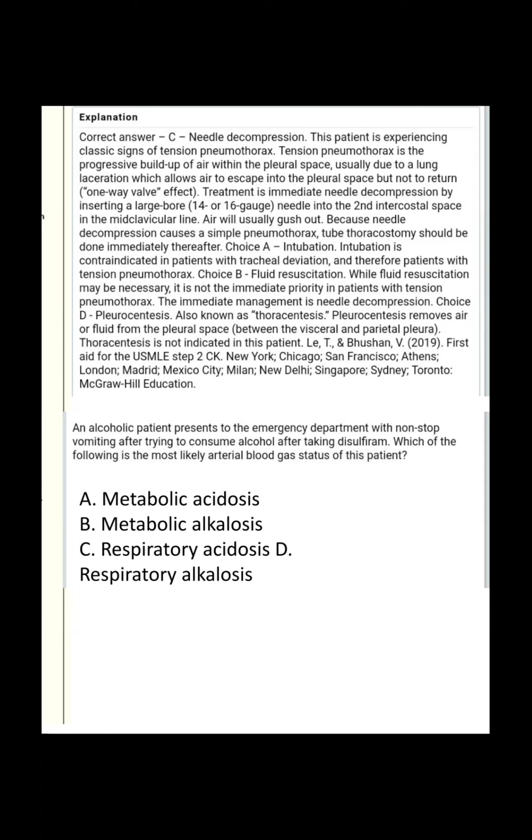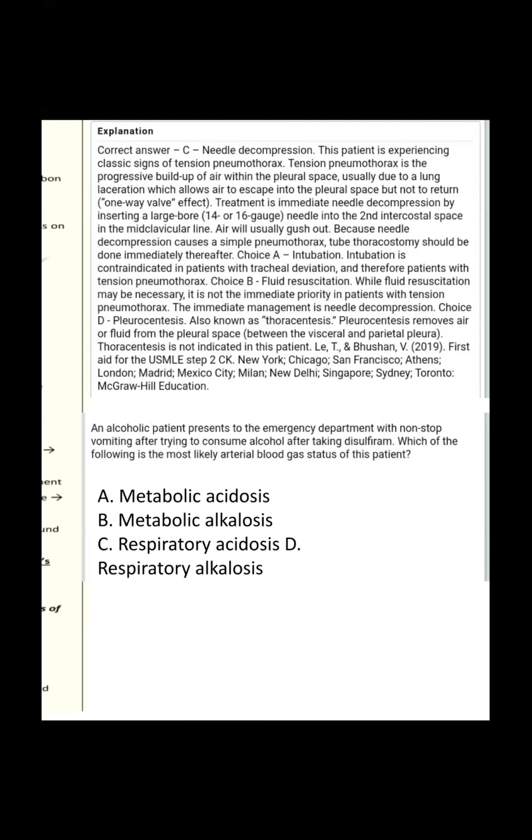Non-stop vomiting, so severe vomiting is going to cause metabolic alkalosis. Ma'am, I will go for metabolic alkalosis. Okay, excellent. Dr. Badhan, you did excellent. Your strong point, ma'am, is vomiting, so it's a metabolic alkalosis. Nicely done. Thank you, Dr. Badhan.